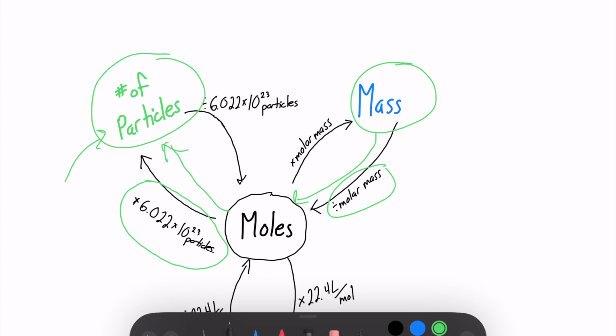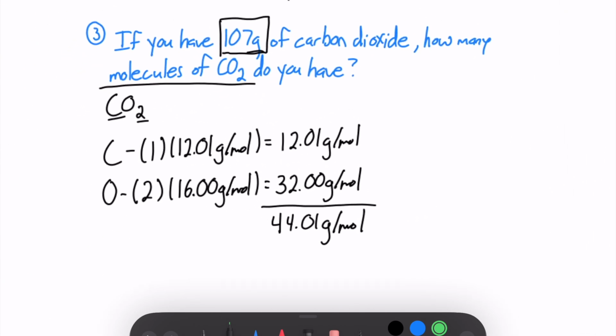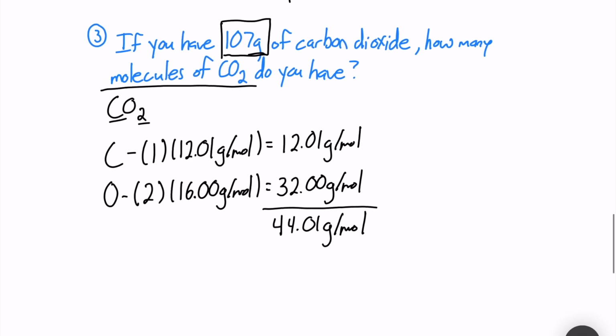So let's do that. So first off, we figured out that molar mass there, so we're going to write down exactly what we know. So we know we are given 107 grams of CO2, and first we have to divide by molar mass to get moles.